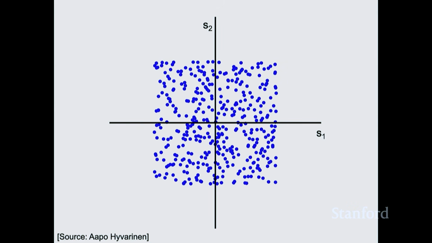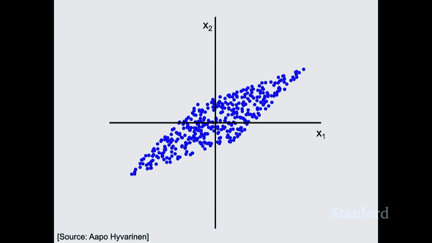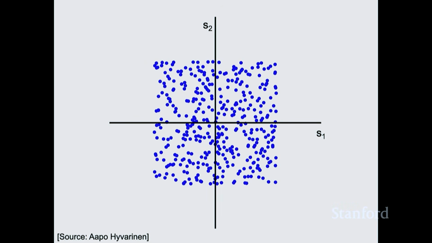The X's are this data set mapped through a linear combination by the mixing matrix A, and so the data you will get looks like this, the distribution of X1 and X2. Your job is to find an unmixing matrix W that lets you go back from this parallelogram shape to something like this, where S1 and S2 are independent.